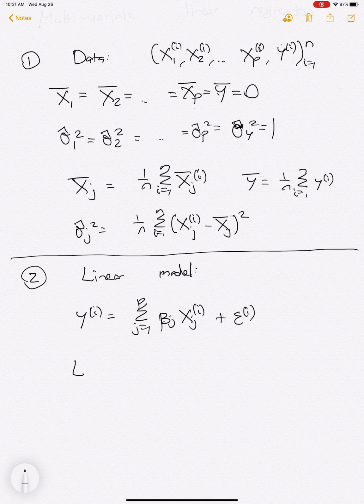So we have that the expectation of epsilon i is 0, and then we have these beta 1, beta 2 up to beta p, the regression coefficients.